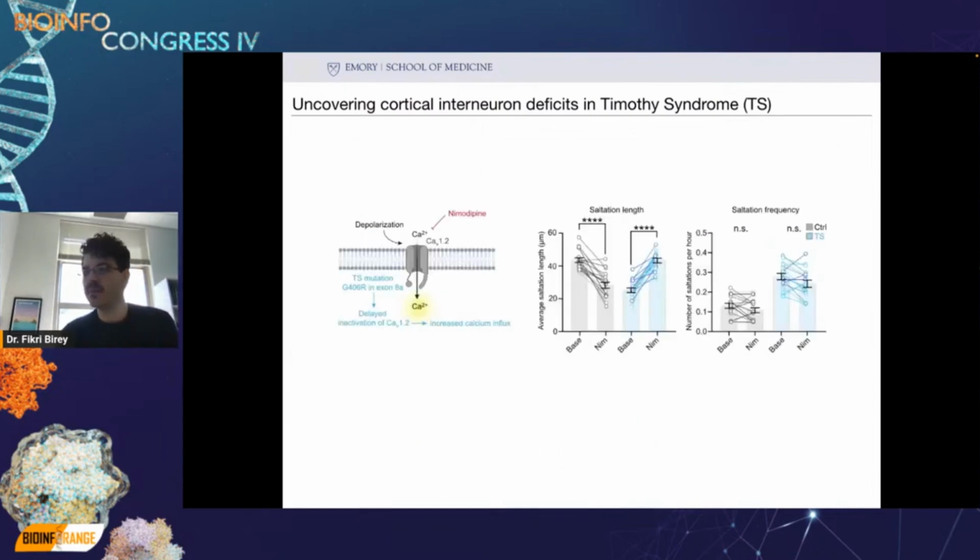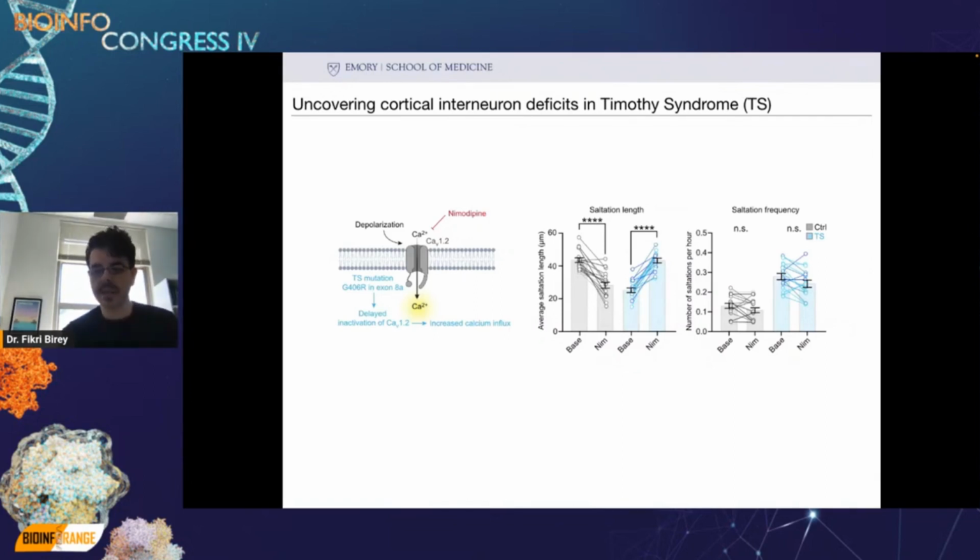And then we thought maybe we could pharmacologically rescue this phenotype. And for that, we used a drug called nimodipine, which blocks the L-type calcium channels.